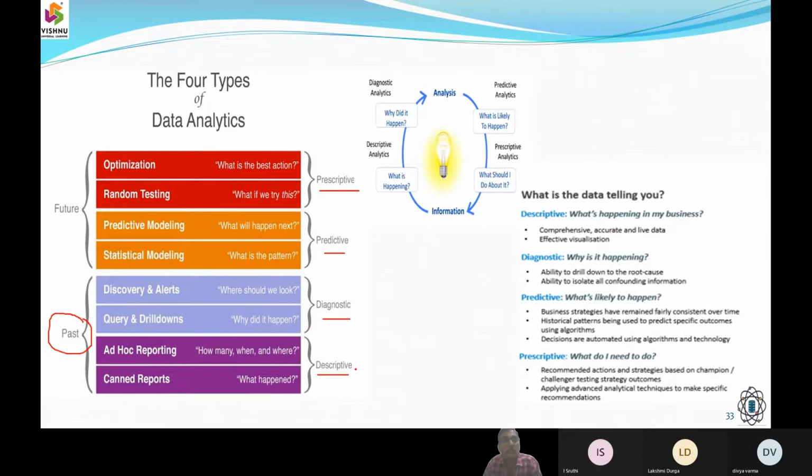We have two of these, which we call the descriptive phase and the diagnostic phase. Over the existing data we were able to do this, and what we do it for is to get future insights. How do we get the future insights? First, using the past data we make predictions, and then to make the predictions realistic, we give some prescription.